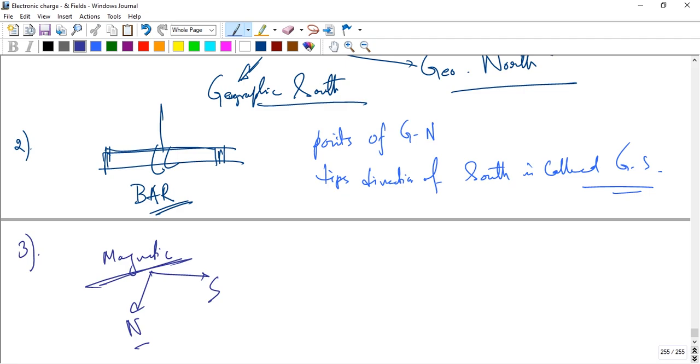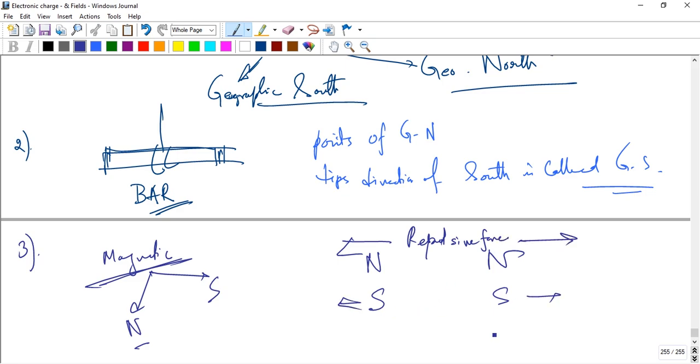If like poles, north and north or south and south, there is a repulsive force. And for unlike poles, north versus south, there is an attractive force. Clear?